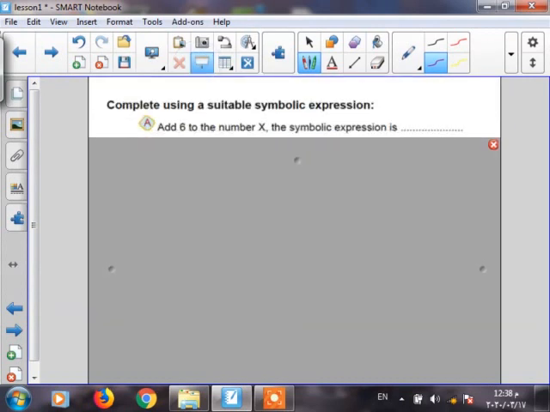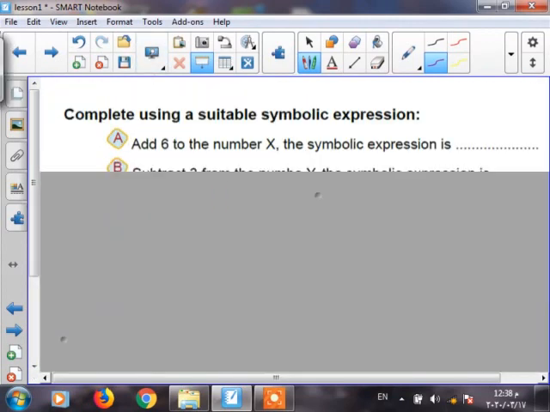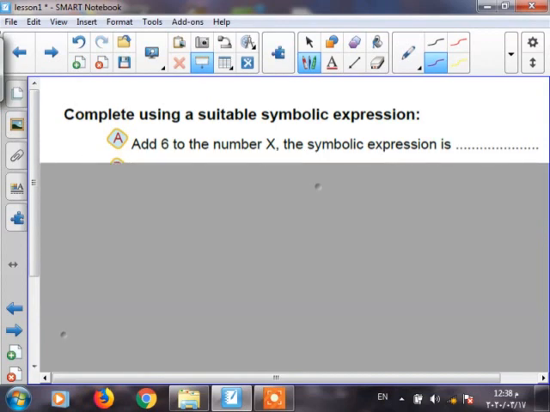I want to complete by using a suitable simple expression. Number 1, I have here the first number, it will be 6. Add 6 to the number x. What is the meaning of this word add? Add means plus.